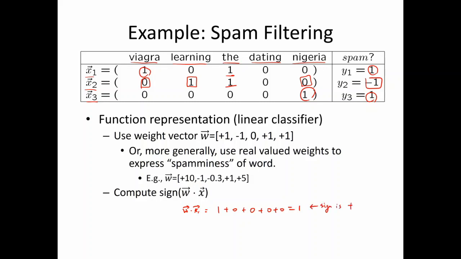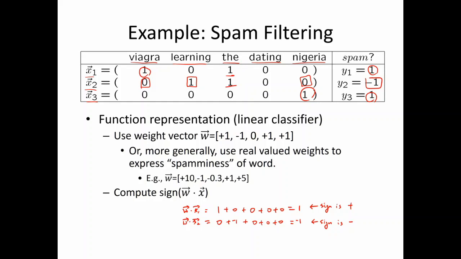On the other hand, if we take the dot product with x2, then we would have 0, -1, 0, 0, 0, which is -1. So the sign is negative. Once we define the weight vector in a meaningful way, we can just take the dot product between the weight vector and the email vector and look at the sign, whether it's positive or negative.